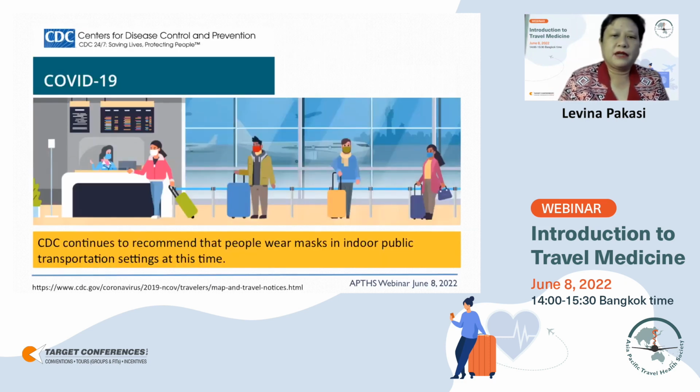This is an example for COVID-19, where CDC continues to recommend that people wear masks on indoor public transportation. You can remove the mask when you are outside, but mostly in Indonesia we still wear masks in indoor activities.